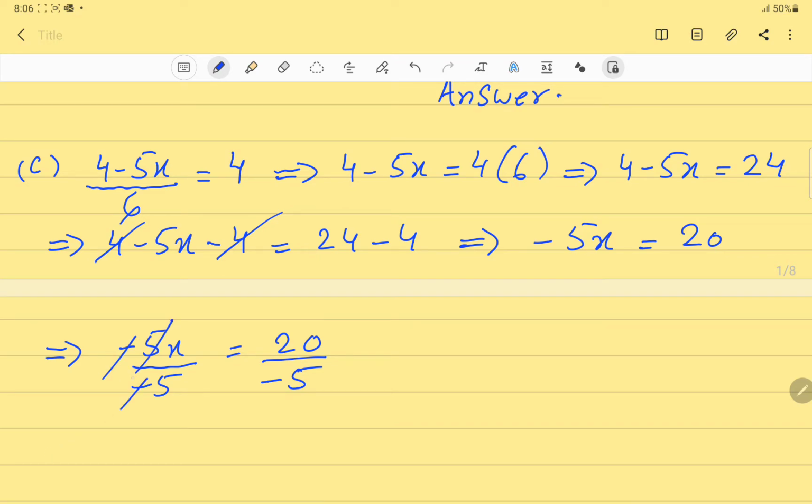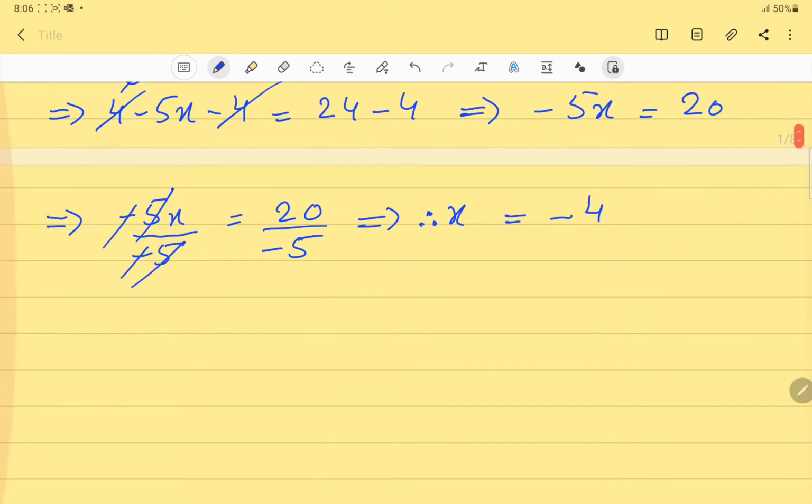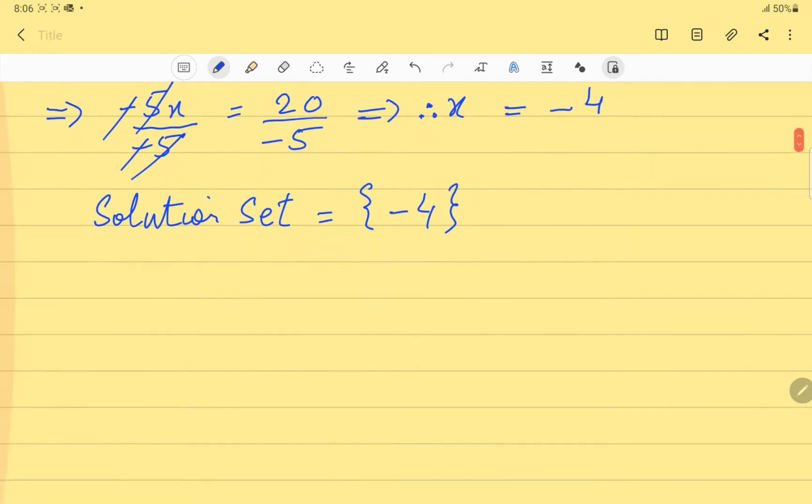Minus cancels with minus, 5 cancels with 5. So x is equal to minus 4. So the solution set is minus 4.